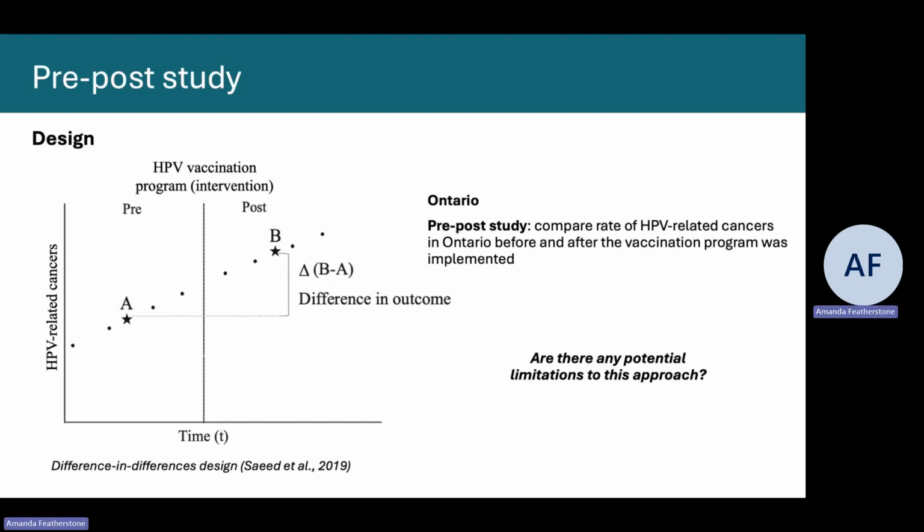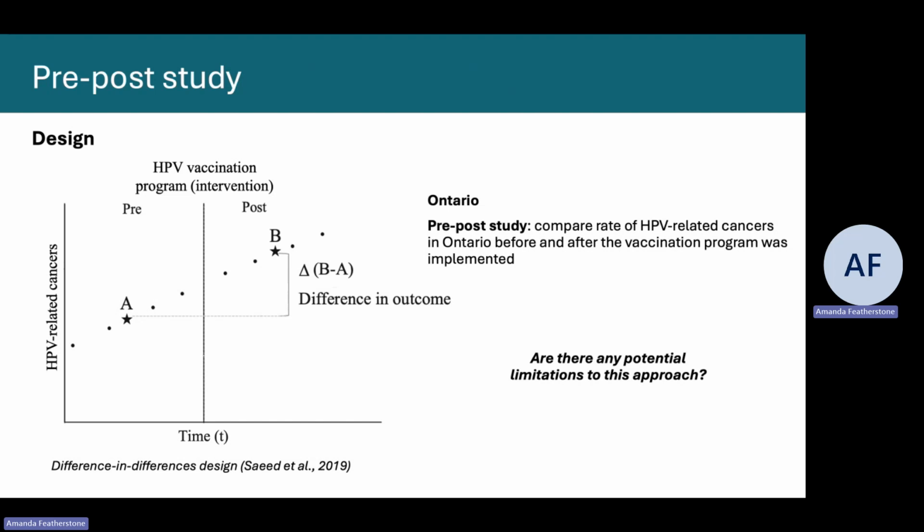However, there is one main limitation to this approach. Given that we are only examining the province of Ontario in isolation, in which the intervention was implemented, we are not able to account for whether there could have been any exogenous factors that could have also influenced HPV-related cancers that could be acting at the same time or around the intervention.